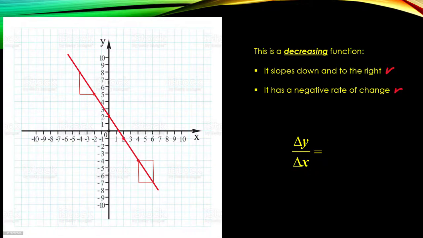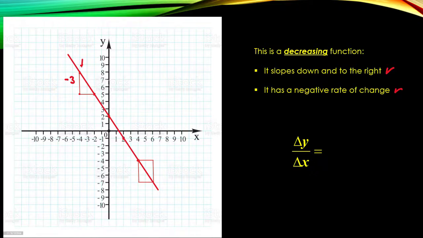Let's see how we get that from the graph. This point has a y value of 8, and we drop down to a y value of 5, and that will be a negative 3. And then this point is at x equals negative 4, and it goes over to negative 2.